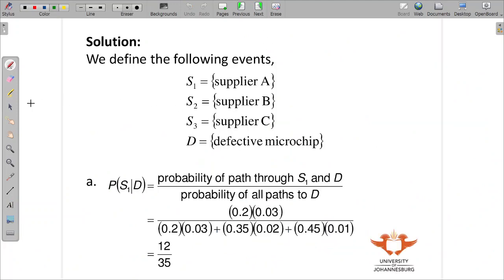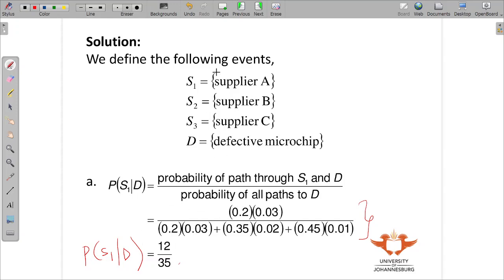If you put that there, as I mentioned before, then your probability of S1 given D will be 12 over 35.